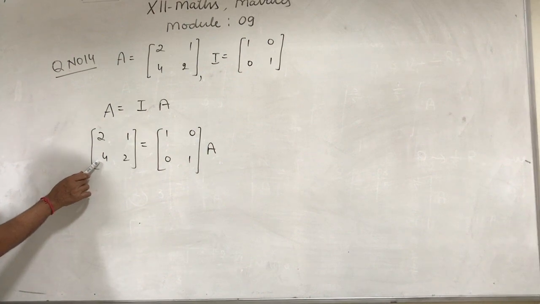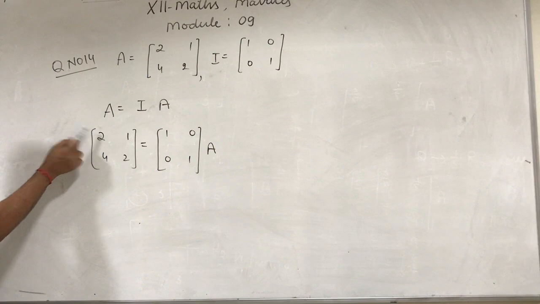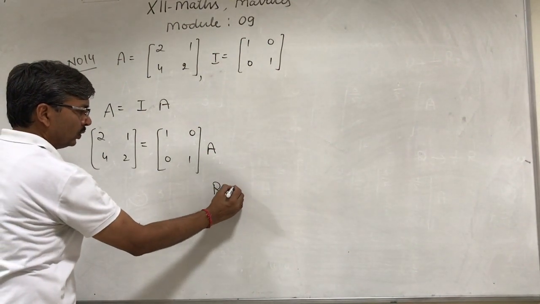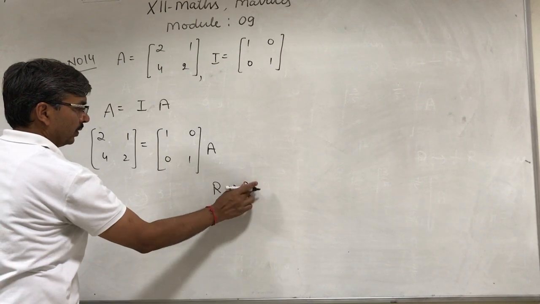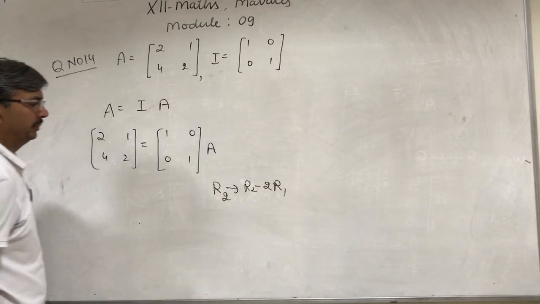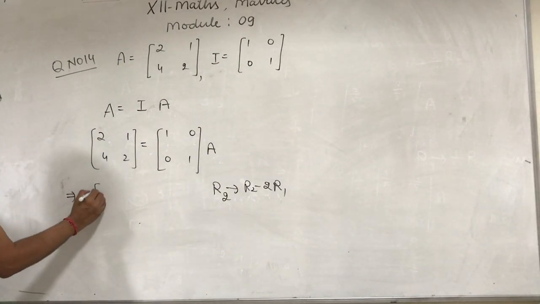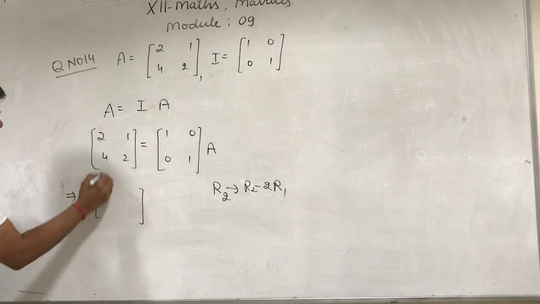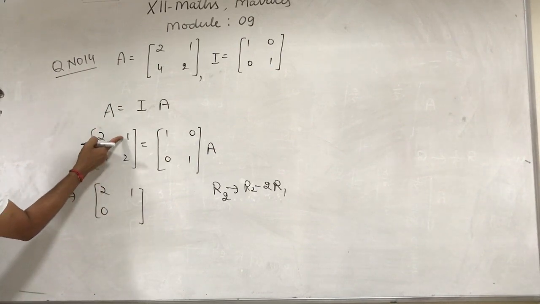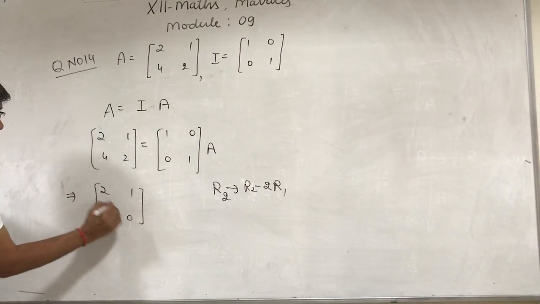Here we want to make 0. How will it become 0? 4 minus 4 is 0. It means if we apply here R2 changes to R2 minus 2R1, then this will become R2: 4 minus 4, 0, and 2 minus 1 into 2, 2 minus 2, 0.